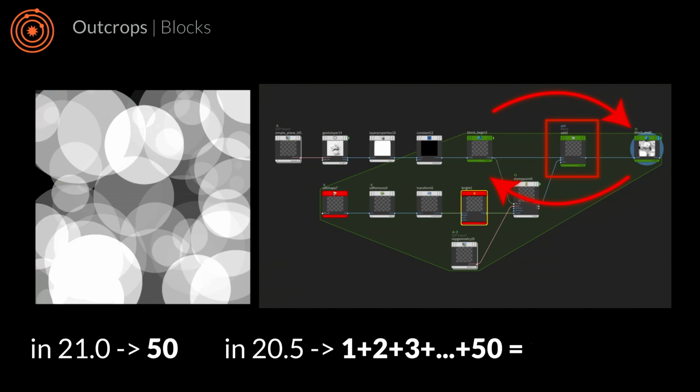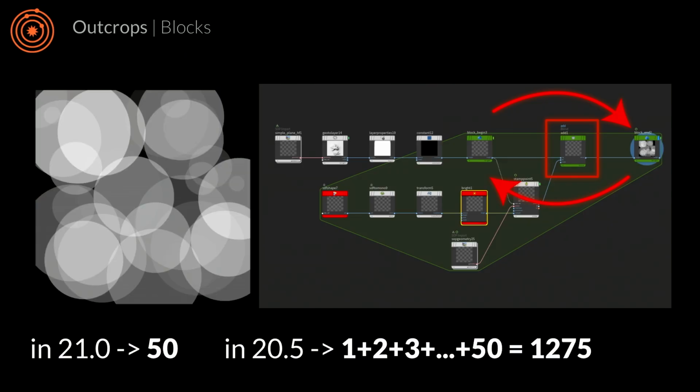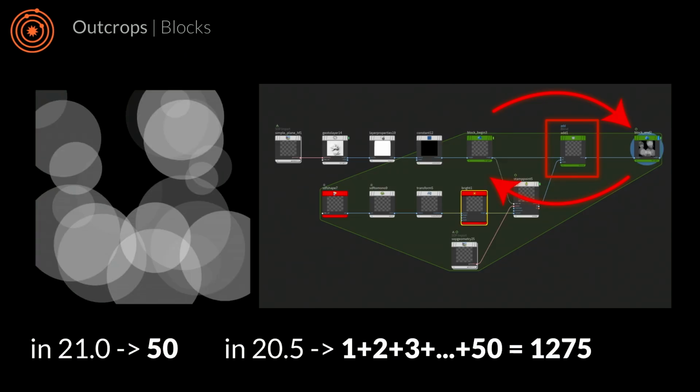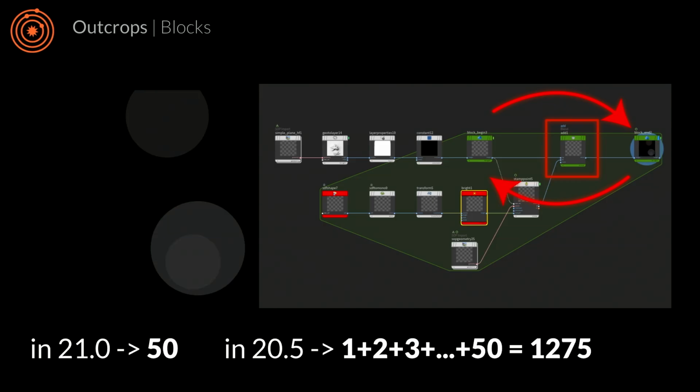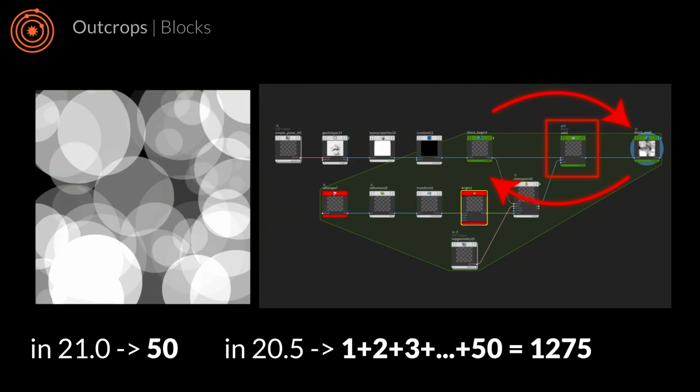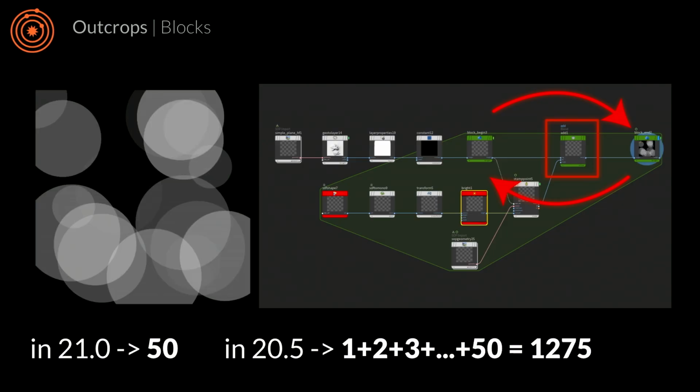I think it's called geometric factorial, something like a triangle number. Basically, to generate the same thing in 20.5, you would need almost 1,300 iterations, which is quite a bit slower than just 50. So this workflow of being able to simulate and adjust by your current frame number opens a lot of new doors in 21. And I'll be covering this later on.